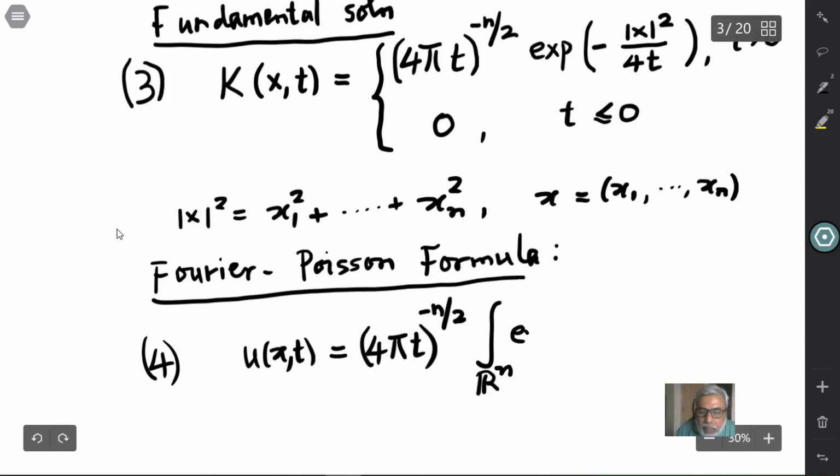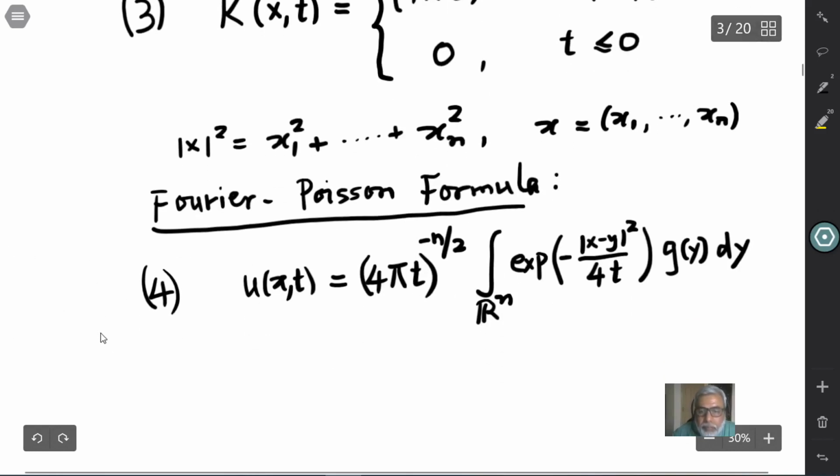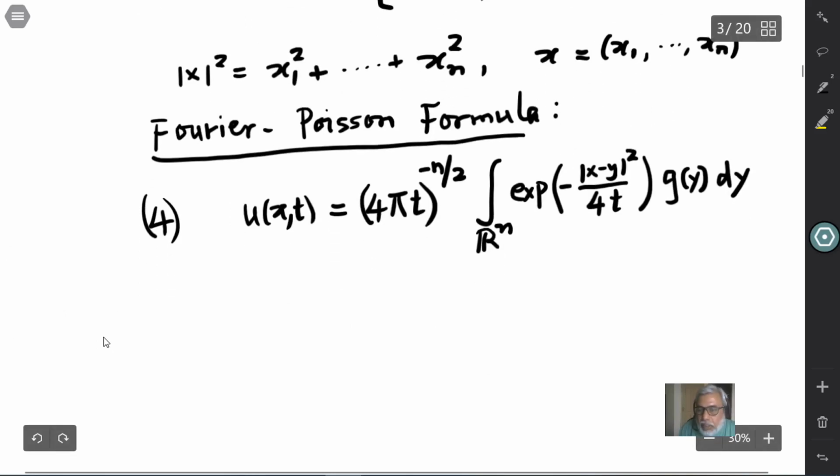So exponential of minus x minus y square by 4t, g of y, where again g is the initial function, dy. Okay, so this is a multi-dimensional integral. Though I have written only one integral here, it's an integral over Rn. And this is again for t positive.